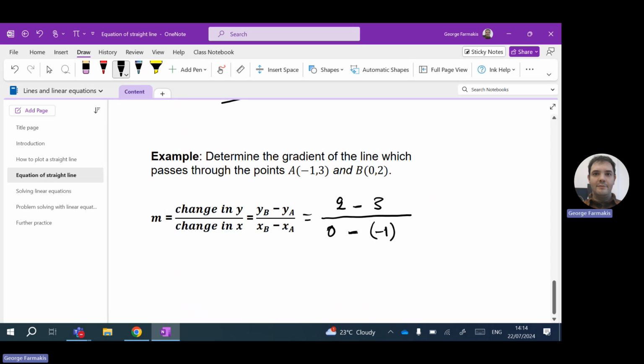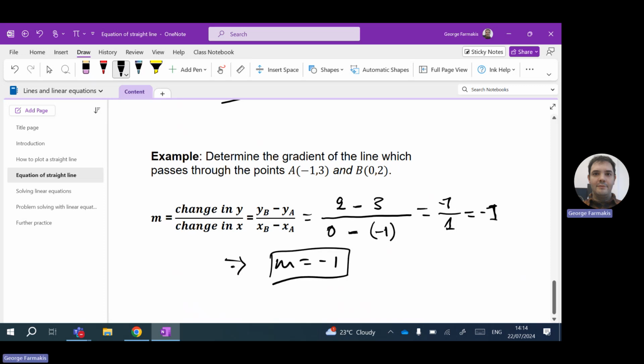I'll put it in brackets. So 2 minus 3, this is minus 1. 0 minus the minus 1, it will be a plus, so we're just gonna get 1. So we have minus 1 over 1, this is minus 1. So in this case, the gradient is minus 1.